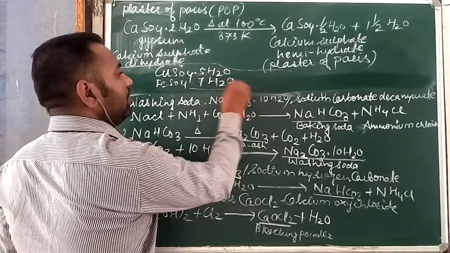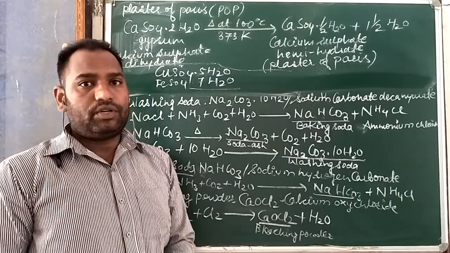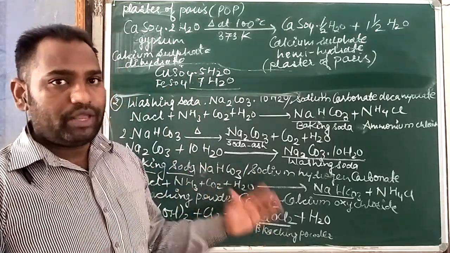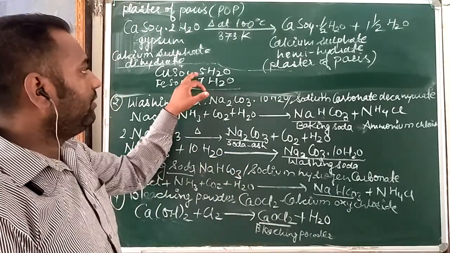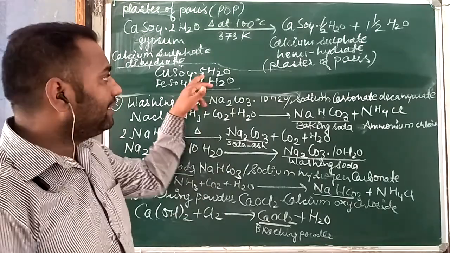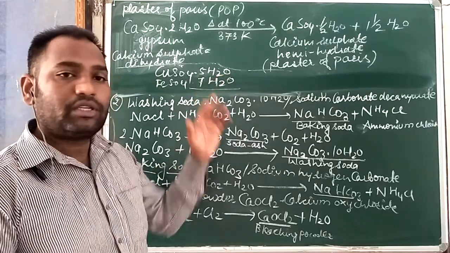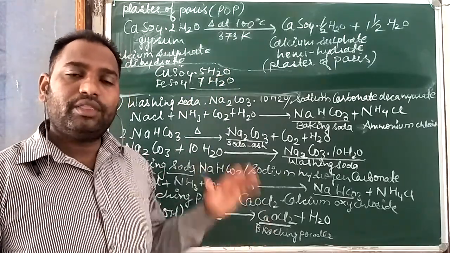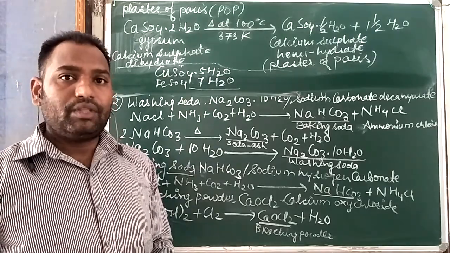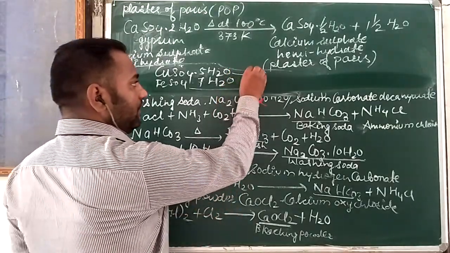FeSO4·7H2O. Salts containing some molecules of water of crystallization are known as hydrated salts. Copper sulfate is blue in color, and when we continue heating this salt, the water of crystallization is lost and removed, then the color of the salt becomes white.